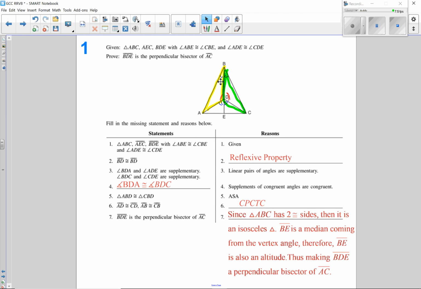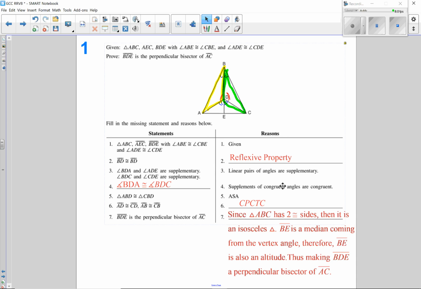The fact that these two angles are equal means that it's an angle bisector. And if I have a median of an isosceles triangle, and these two things are equal, then that means that I have an altitude. So if BD is an altitude, that means that AE and EC are congruent, and that would result in this being perpendicular to AC, making it, in fact, a perpendicular bisector.